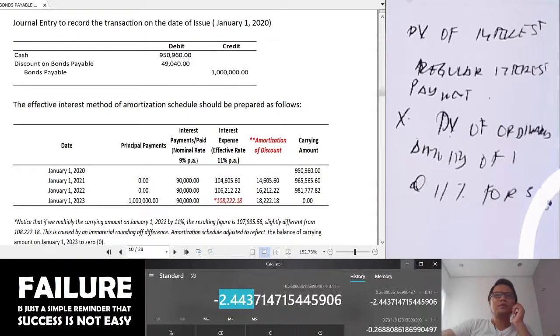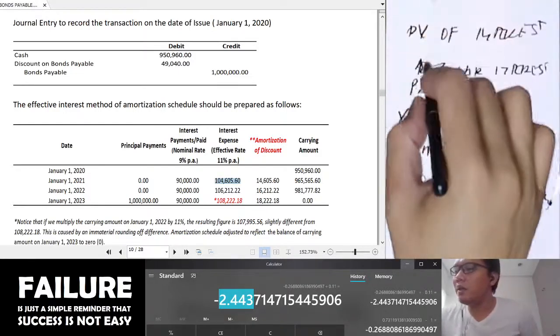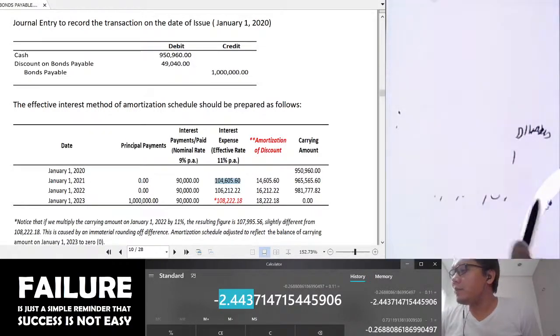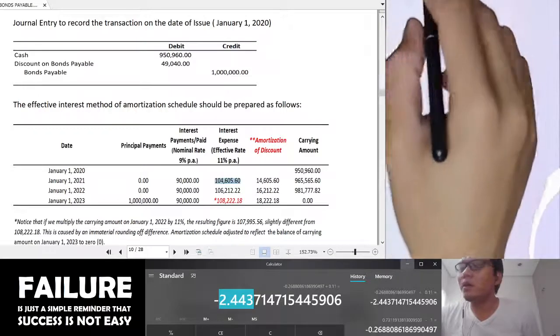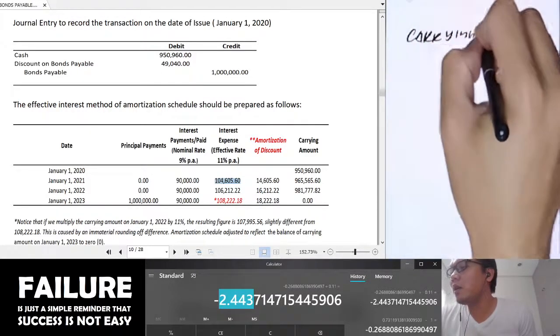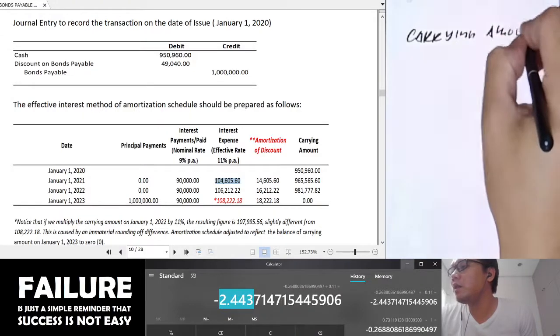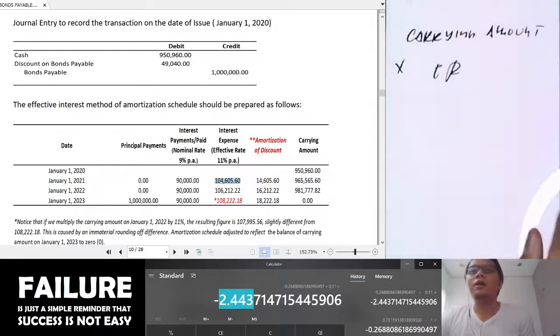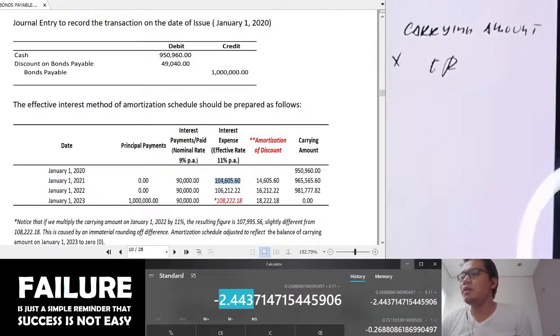Okay? Yung interest expense, this is basically computed as your carrying amount, okay, multiplied by your effective rate.